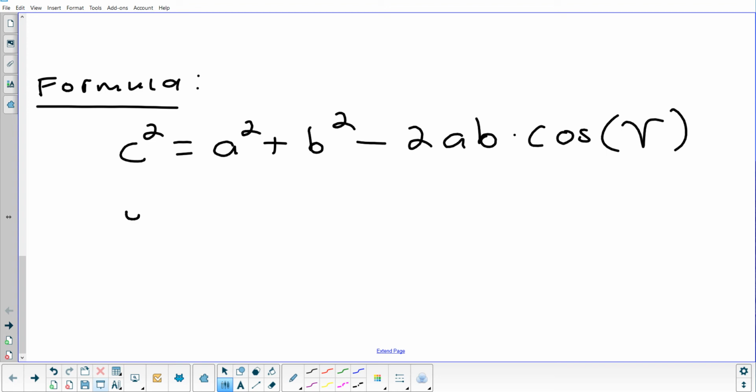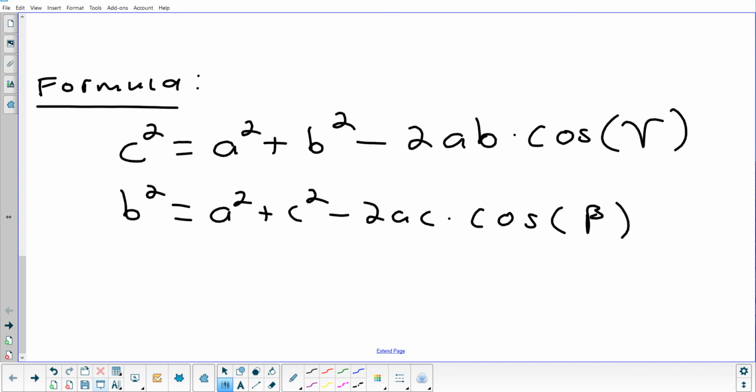What do you think my formula would look like if I started it with b squared? Sarah? A squared plus c squared minus 2ac times cosine beta. Yep.